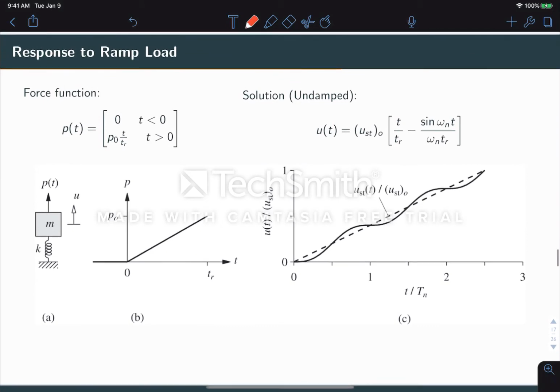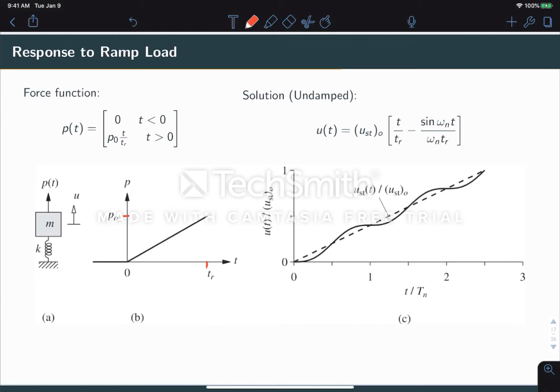Now let's look at ramp loads. A ramp is defined as simply a linear function increasing from 0. And usually to make this somewhat easier to express, we define that it reaches some value P naught at some time t sub r.